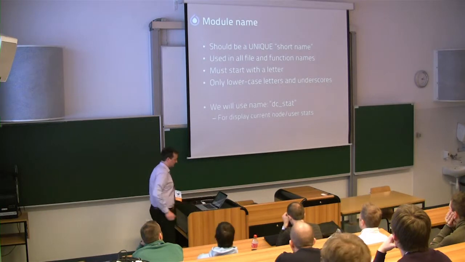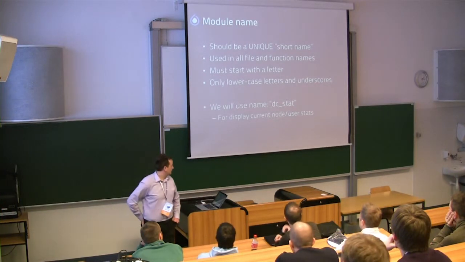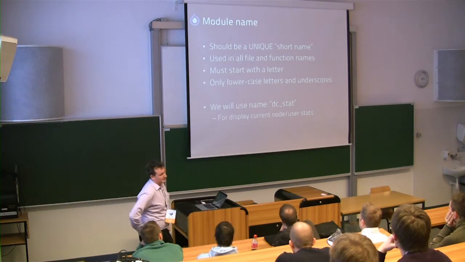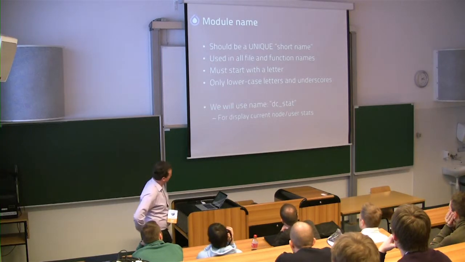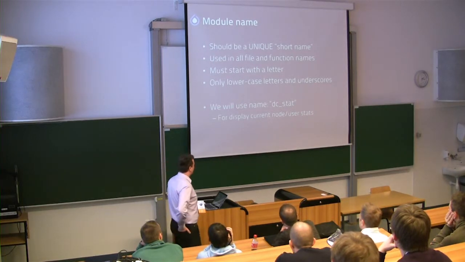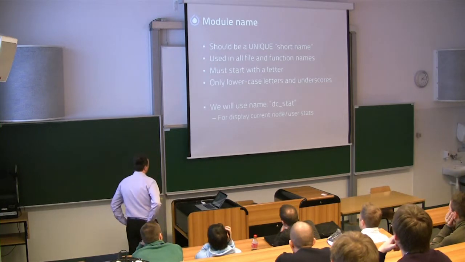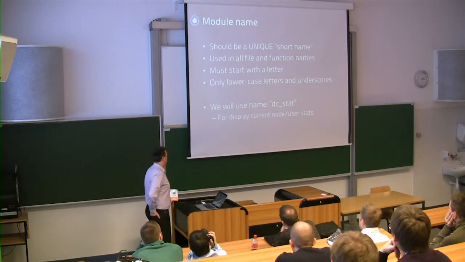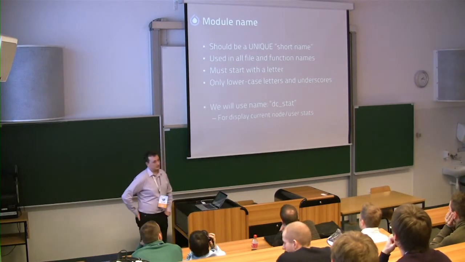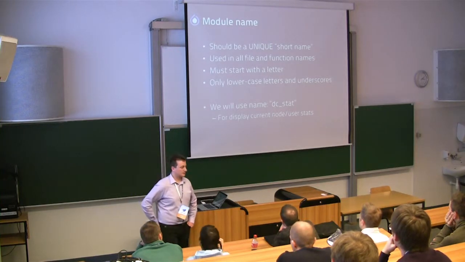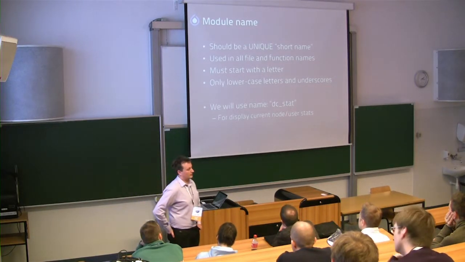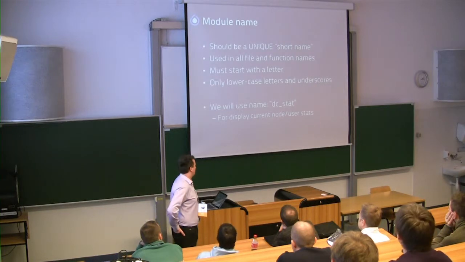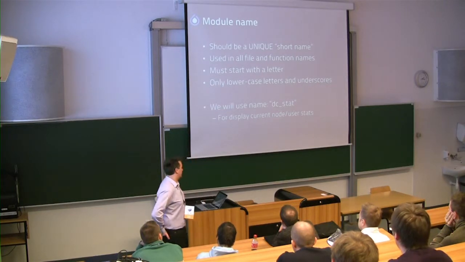For this example, I will use this_is_stat. This stands for Damjan Cvetan, me, and stat stands for statistic. Our module will display current node and user statistics. It will only count how many nodes and users there are on your website.